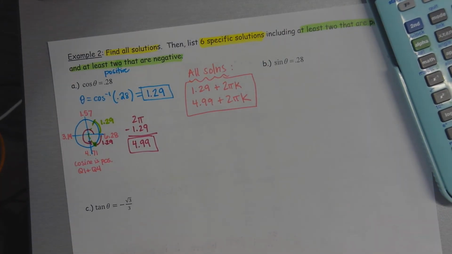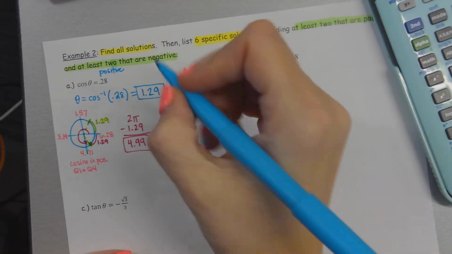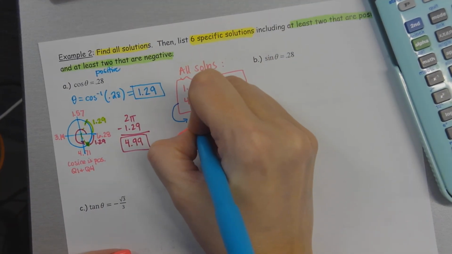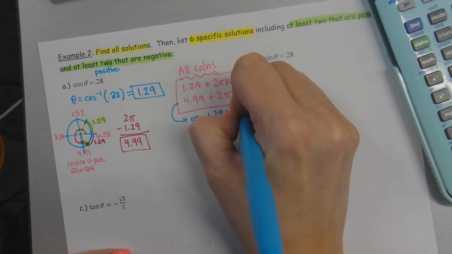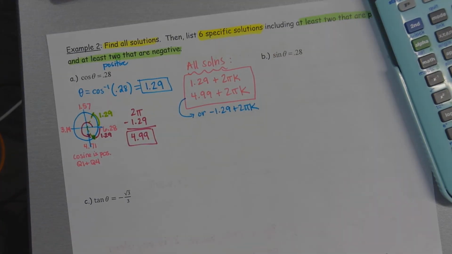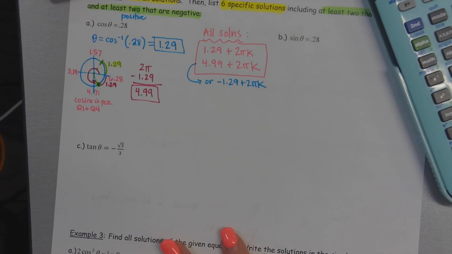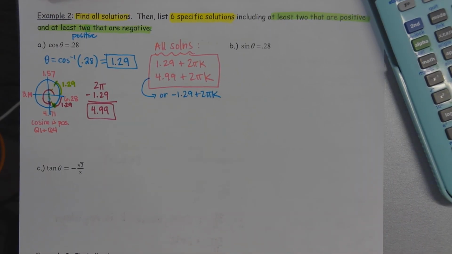And then we'll just put a little arrow and we'll say, or you want to write that as negative 1.29 plus 2 pi k, that is fine. That will always work with a positive cosine, and you guys might like that better. So you have the choice for that. All right, and then once you have that, why don't you go ahead and start part B.